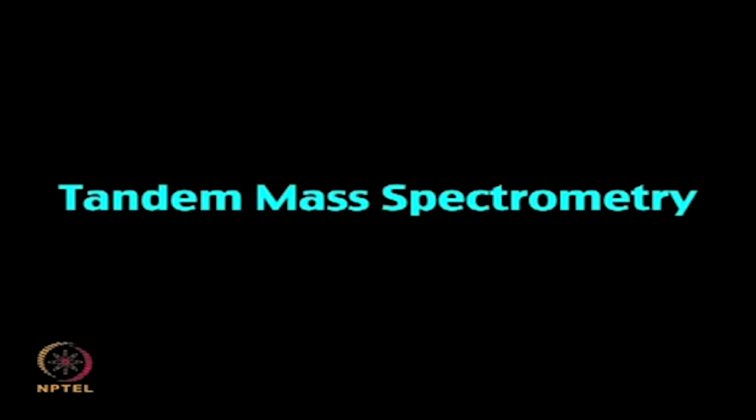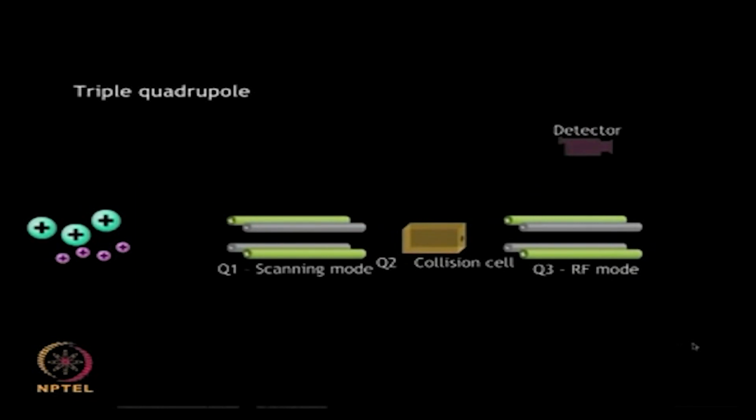Tandem mass spectrometry: combination of various mass analyzers in tandem gives rise to tandem mass spectrometry. The triple quadrupole consists of two sets of parallel metallic rods, which are interspersed by a collision cell. The first quadrupole scans the ions coming from the ionization source and allows only ions of a particular m/z ratio to pass through.